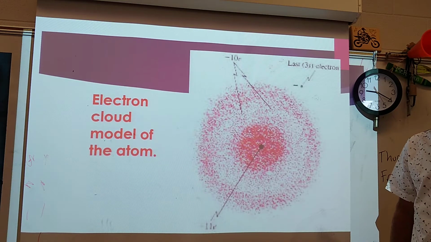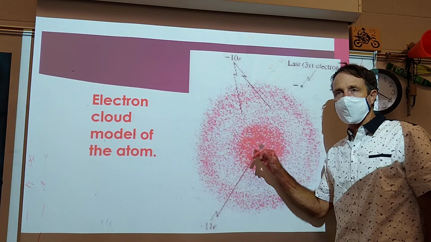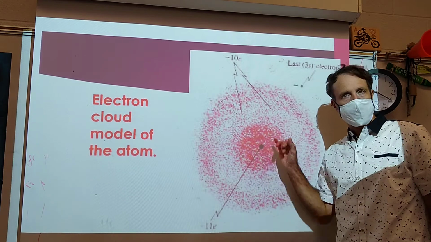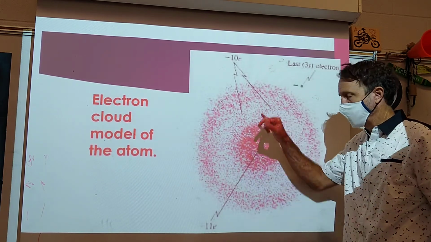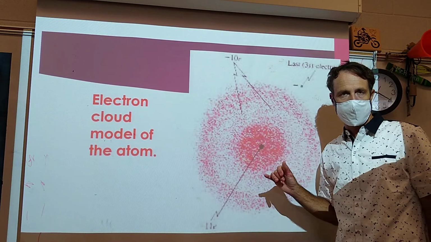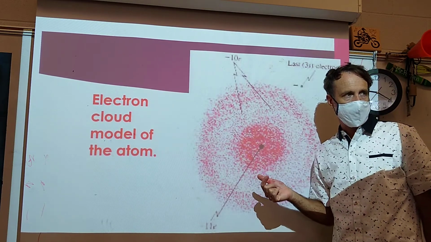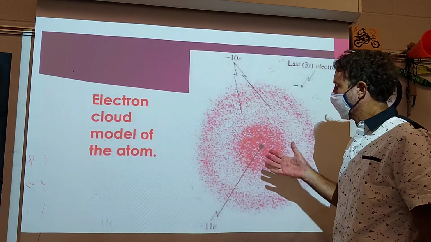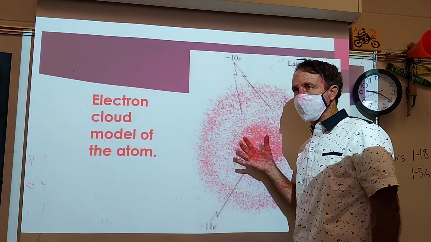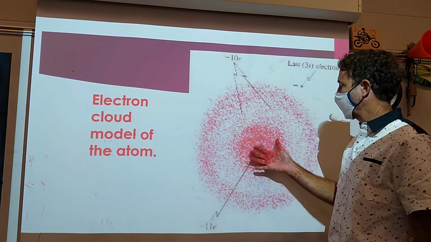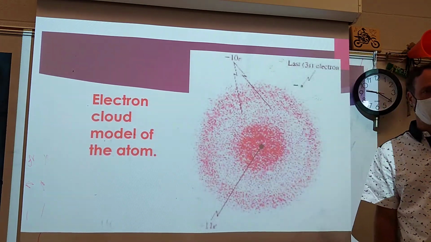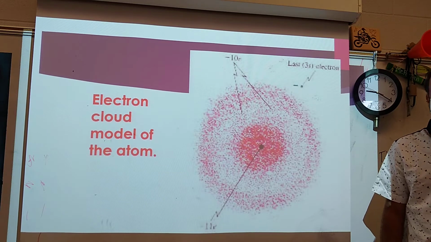Okay? Now, I know you've been taught that electrons are going around the nucleus in a circle, or maybe you've even been taught they're moving in some figure eights and other shapes as well, which we'll talk about later. But the fact is, these are areas of high probability where we would expect electrons to appear. Okay?